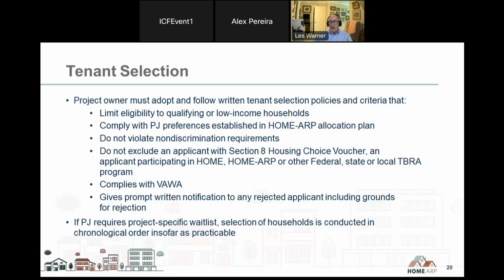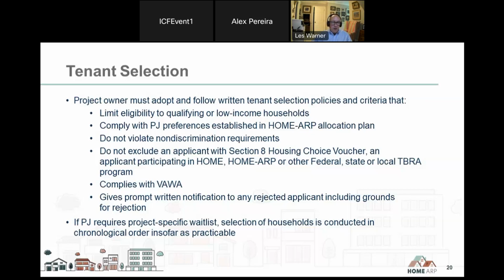Let's say we've had turnover and we have a unit that becomes available, determining, okay, do I need to rent this to a qualifying household? Or is this one of my low income units? And that'll determine who's eligible to occupy that unit, what the rents would be that could be charged for that.